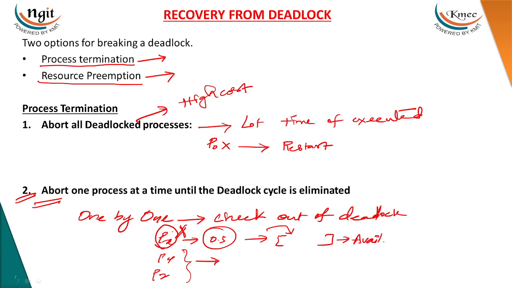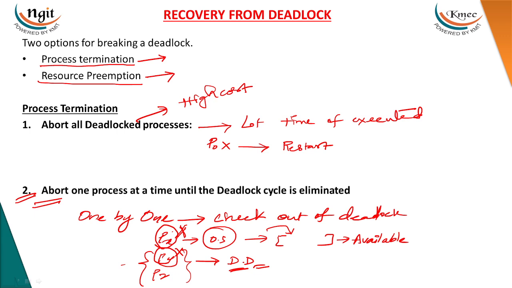Apply the deadlock detection algorithm and check whether the system comes out of the deadlock state. If it has not, preempt one more process and take its resources also, and apply the deadlock detection algorithm. So after terminating each process, we check whether the system is coming out of deadlock, and we terminate processes until the system is deadlock free.